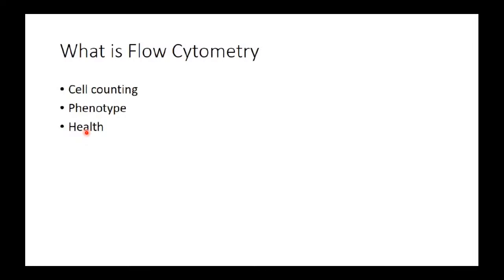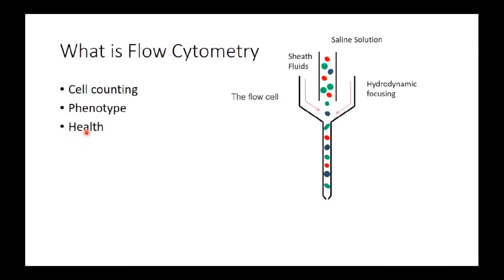How does it work in general? First, in the flow cytometer, I have something called the flow cell. In the flow cell, we add our cell mixture. Then I have the sheath fluids. The sheath fluids will apply something called hydrodynamic focusing. The hydrodynamic focusing of the sheath fluids will send the cells one by one through the flow cytometer tube.